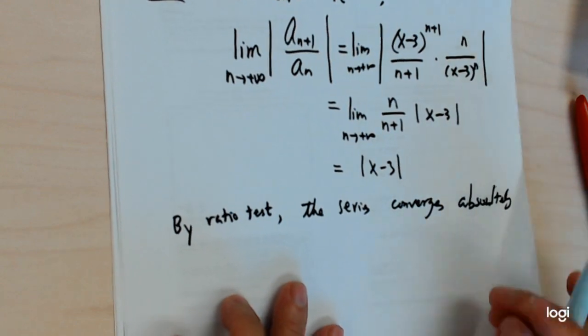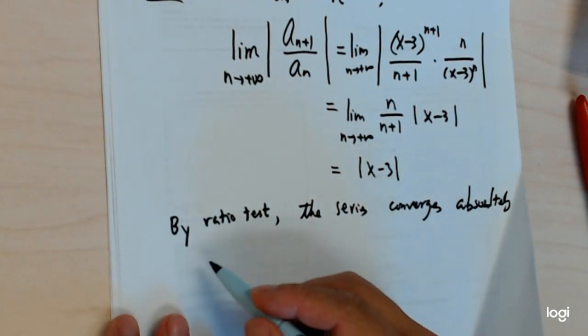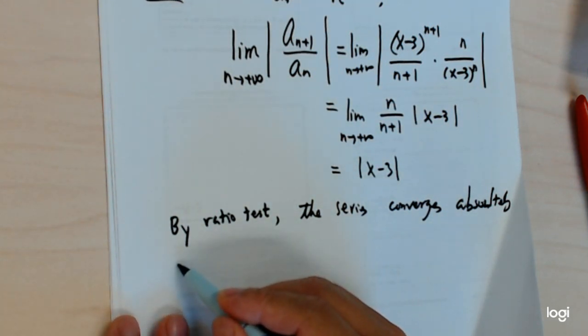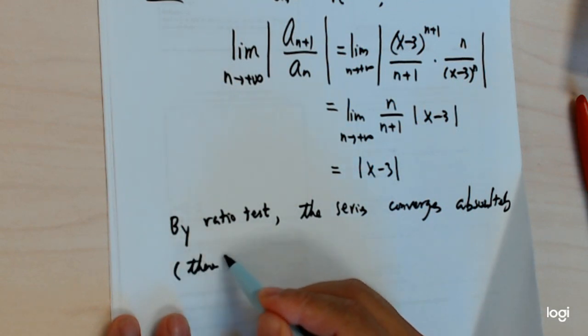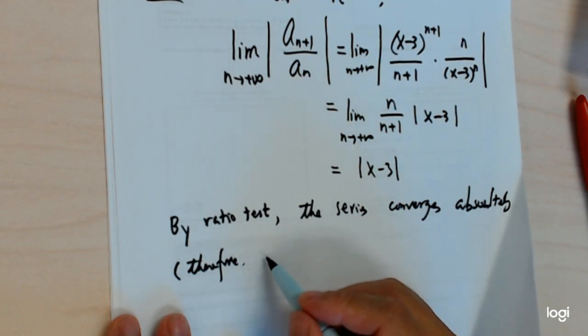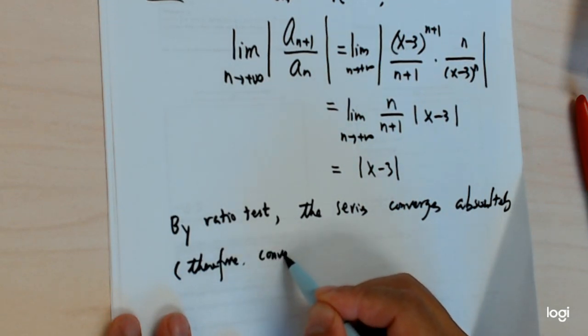Absolutely means even if you take the absolute value of all the terms, that positive series still converges. By the ratio test, the series converges absolutely, and therefore is convergent. Any series that converges absolutely must converge.